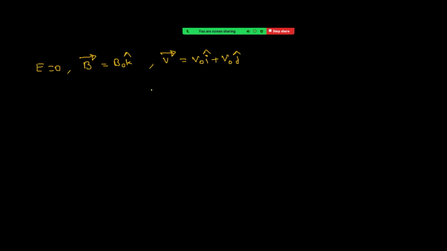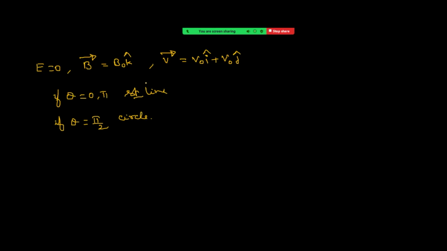And you can see here, if you want to decide what path is followed, we have to focus on the angle between B bar and V bar. We have learned that if angle theta equals 0 or 180, it is a straight line. If theta equals 90, then the path is circular.